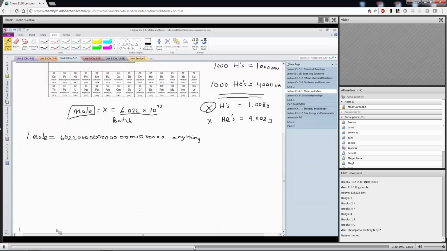Oh, just a little aside, this number in particular is called Avogadro's number. Not because he discovered it, but because he was popular enough that they decided to name it after him. So Avogadro's number is this. You don't have to memorize it.